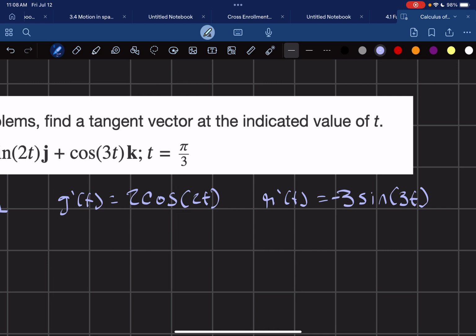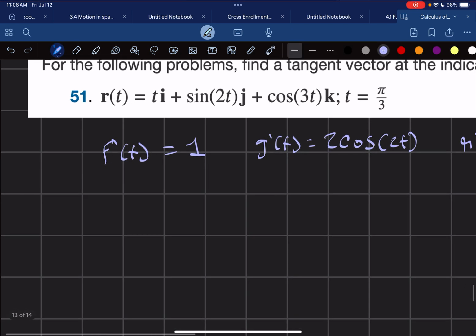So at this moment, now we're supposed to find the indicated value of t. So we just plug in t into our function. So r prime of pi over 3, there's no t in 1, so that just stays as 1.